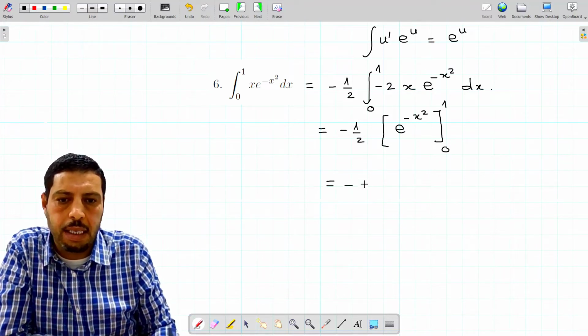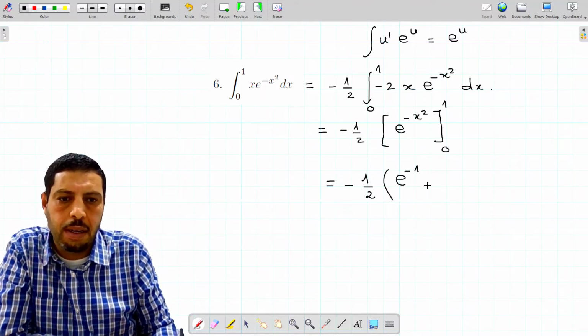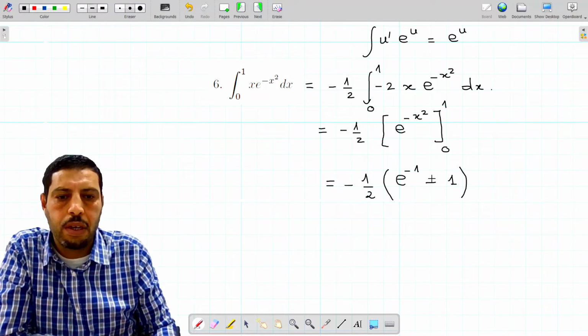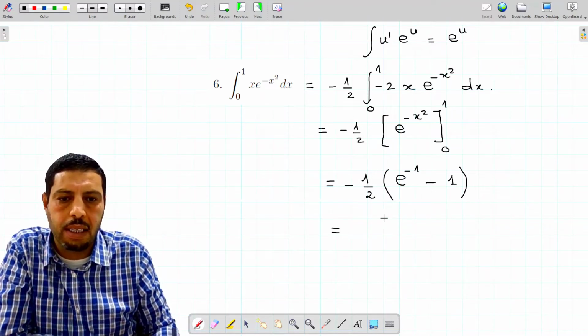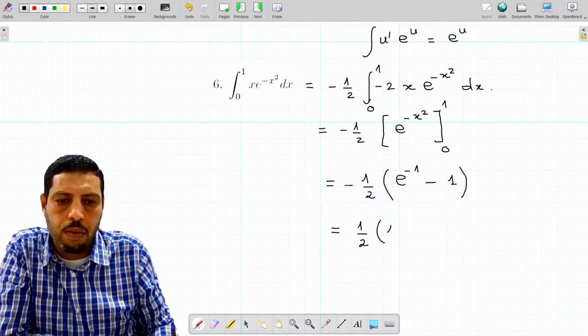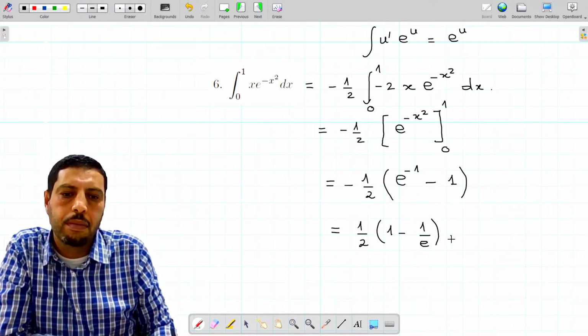And you can write it as minus 1 over 2 times, you evaluate this function at 1, which gives e to the power of minus 1, minus the same function at 0, it gives 1. And of course, you can simplify your expression if you want. So we can write it as 1 over 2 times 1 minus 1 over e if you want. Okay?